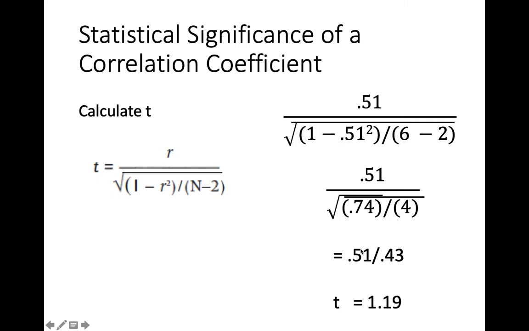So when we work through the numbers, we get the first value 0.74 divided by degrees of freedom, which is 4. So we're going to divide 0.74 by 4 and then take the square root. What that gives us is 0.43. And again, that can be interpreted as a standard error. So what that says is, based on a sample of 6 people, we would expect that an average amount of error is 0.43.